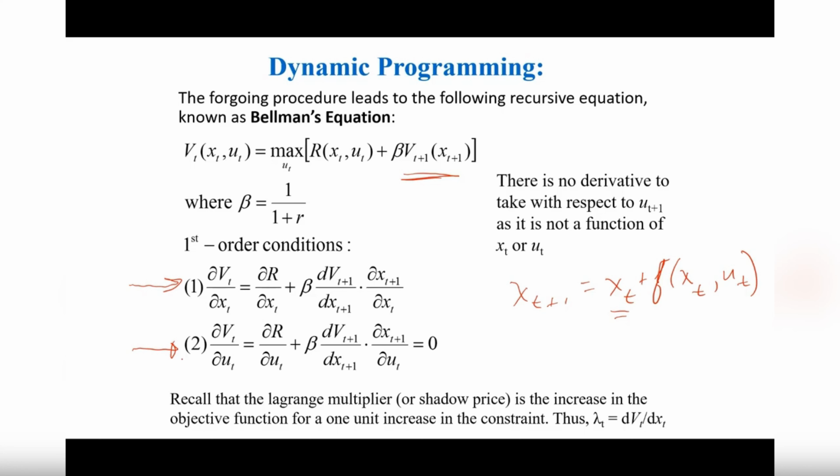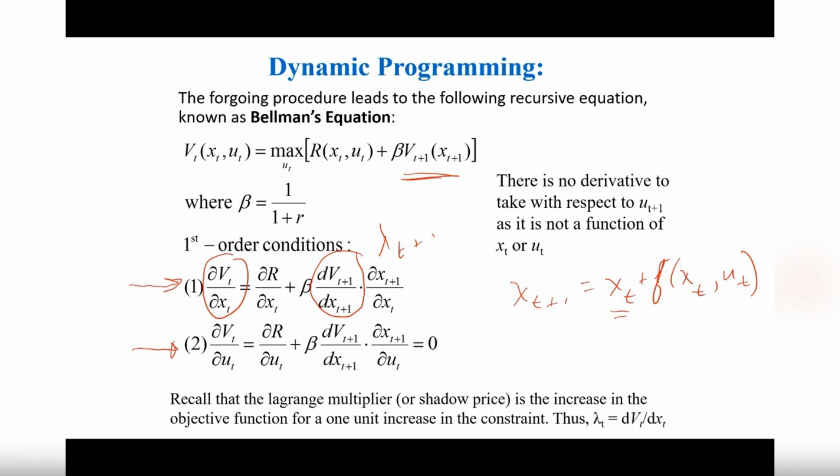Now the important thing to note is that these values are Lagrange multipliers. Why? Because the Lagrange multiplier is simply the shadow price, which tells us what the increase in the objective function will be for a 1 unit increase in the constraints.